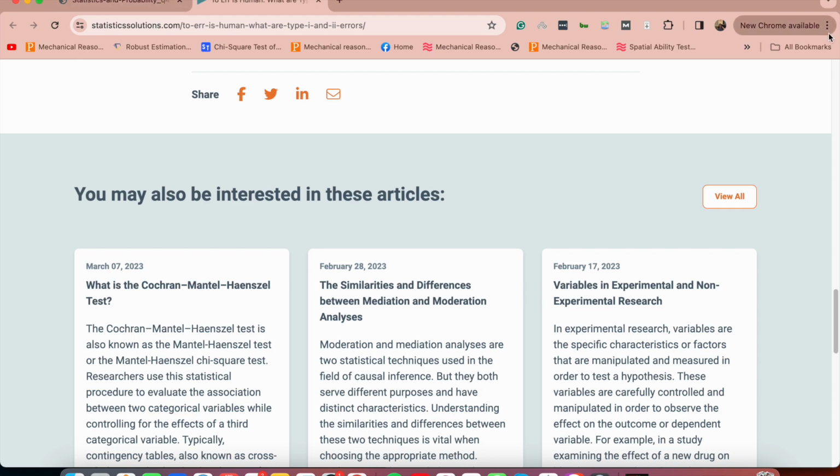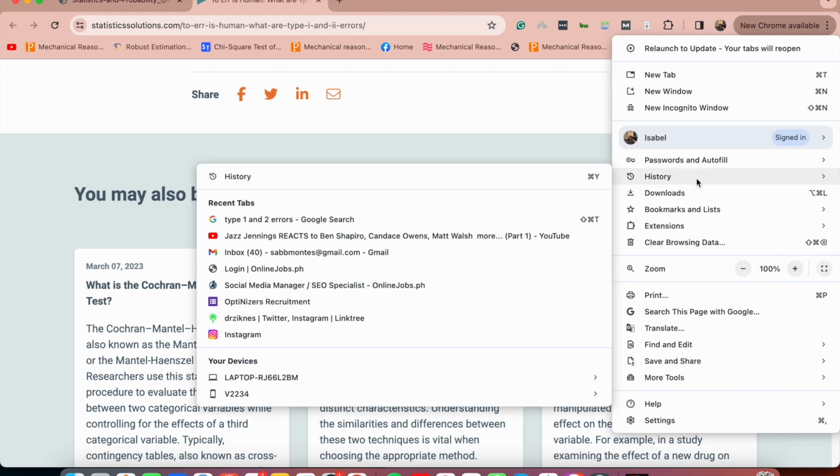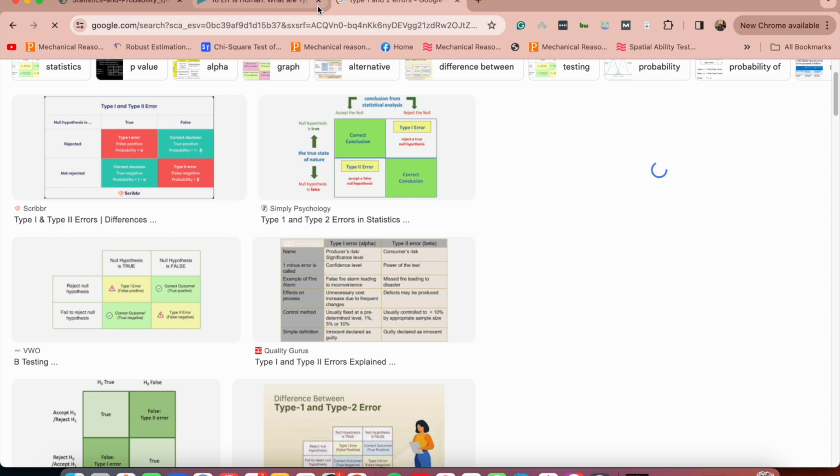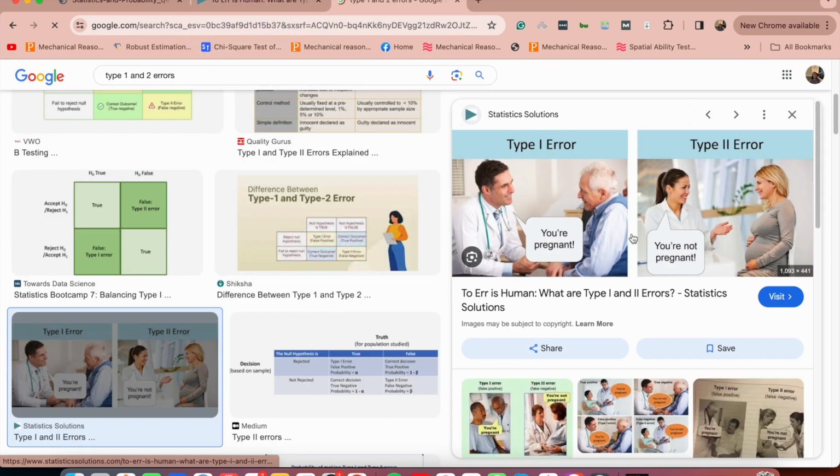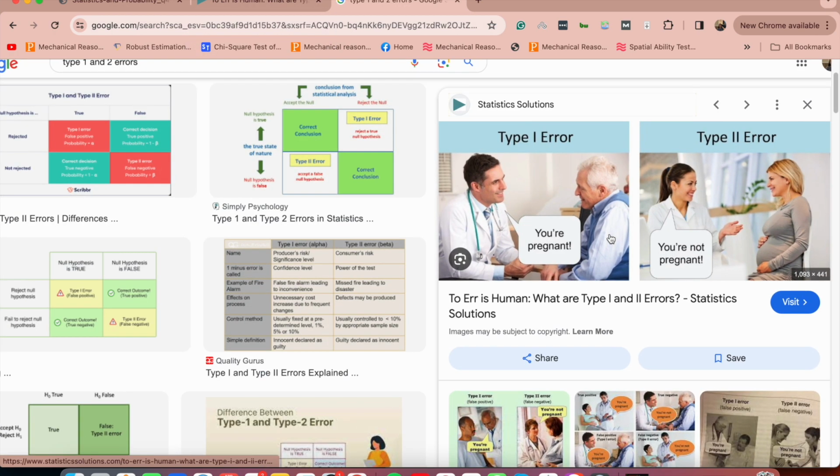There are cases in which people make mistakes. These are two errors that a researcher can make: type 1 error and type 2 error.